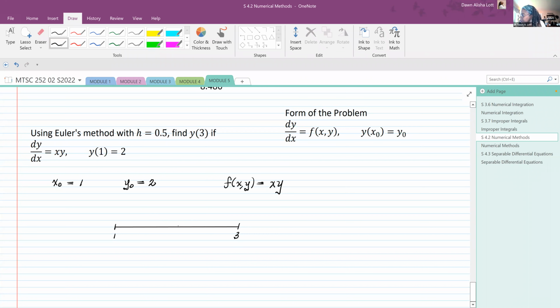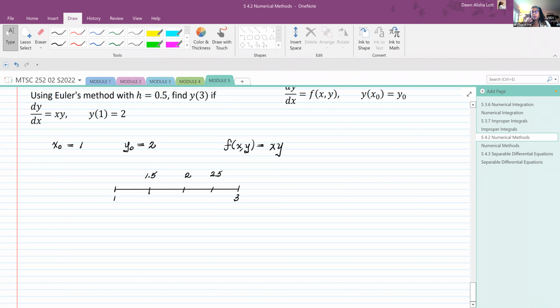That means we'll get to 1.5, then 2, then 2.5, and then 3. So I need to do 4 iterates.